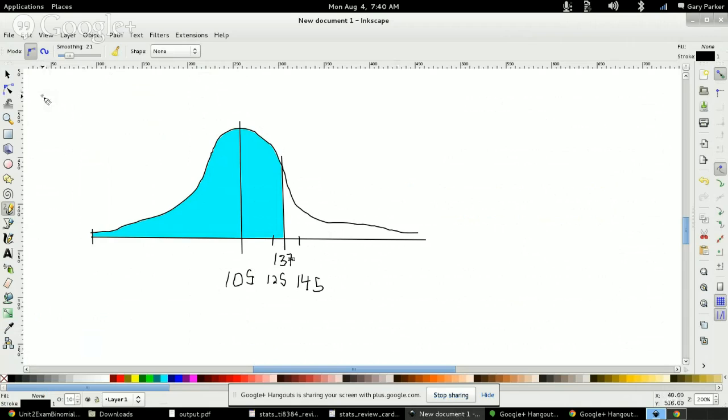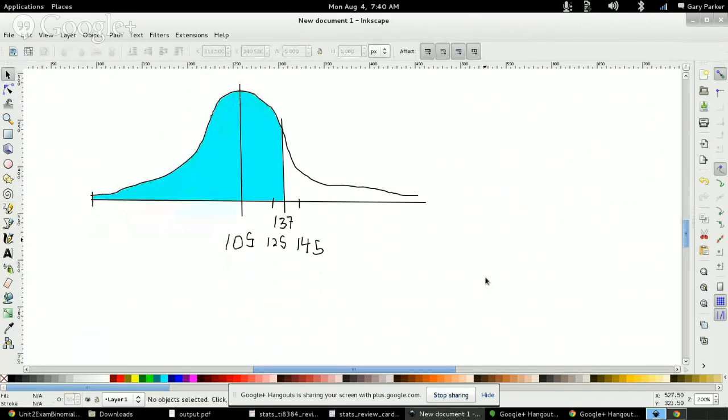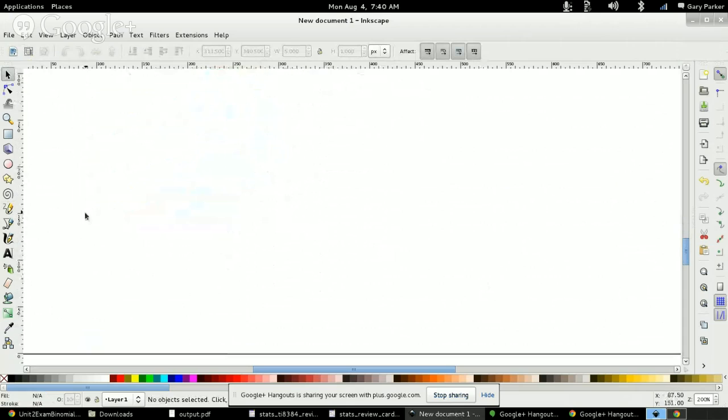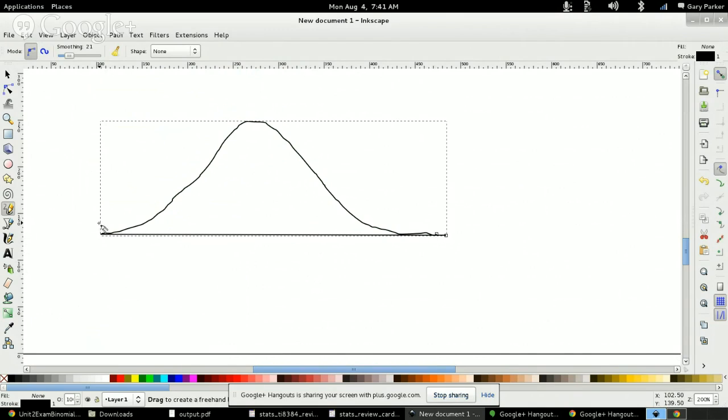Let's just scroll down here. So x-axis, normal curve. Best normal curve today.